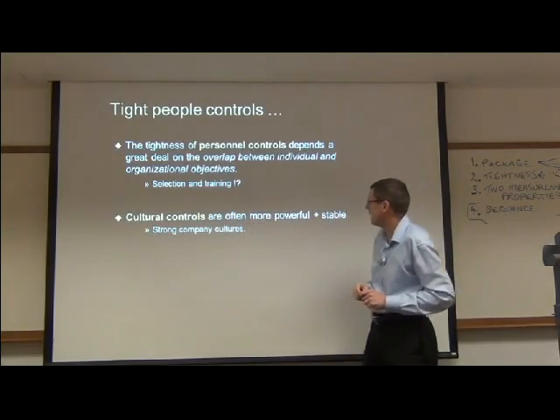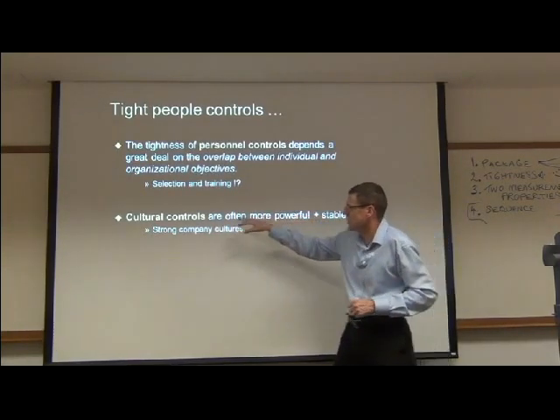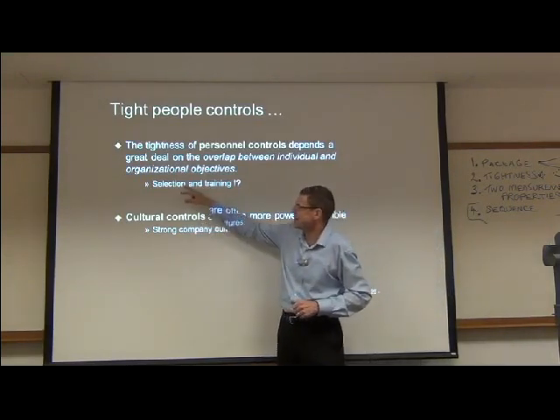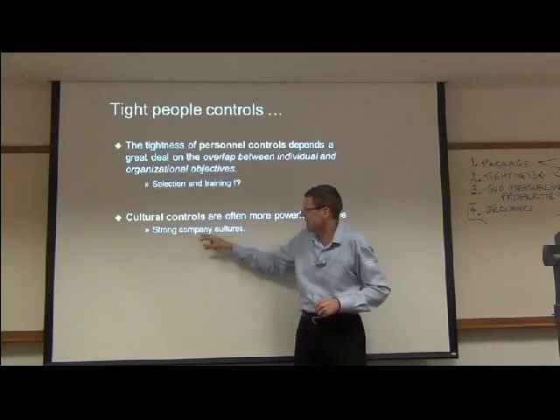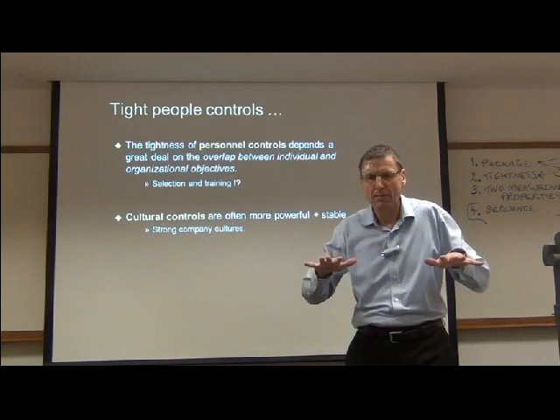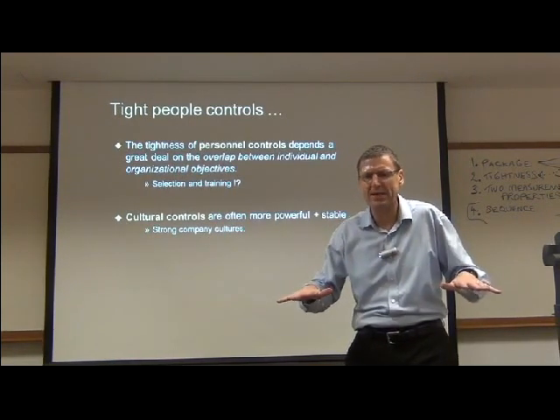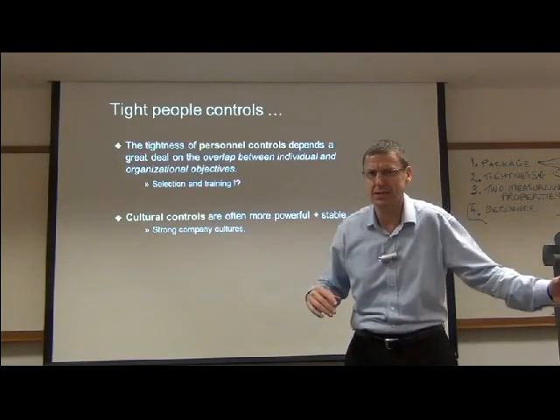Culture controls are often more powerful and stable. So think about that. If you want very strong culture controls, it can come with selection and training. But strong company culture really starts with having everyone on the same page about what we are about and what we are not about.